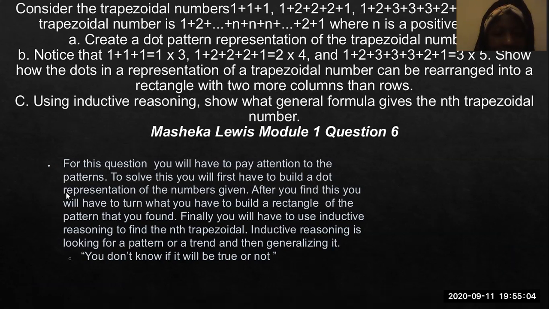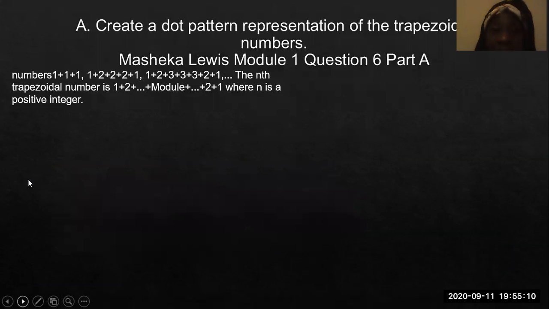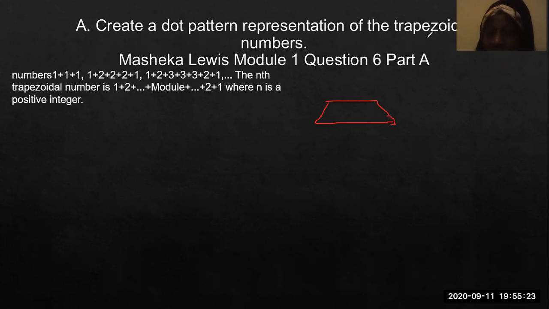Okay, let's go. I'm sorry, I'm trying to rush this. We know it's supposed to look like this because that is what a trapezoid is, and that's what is meant by trapezoidal number. So we had to have a shape looking like this.